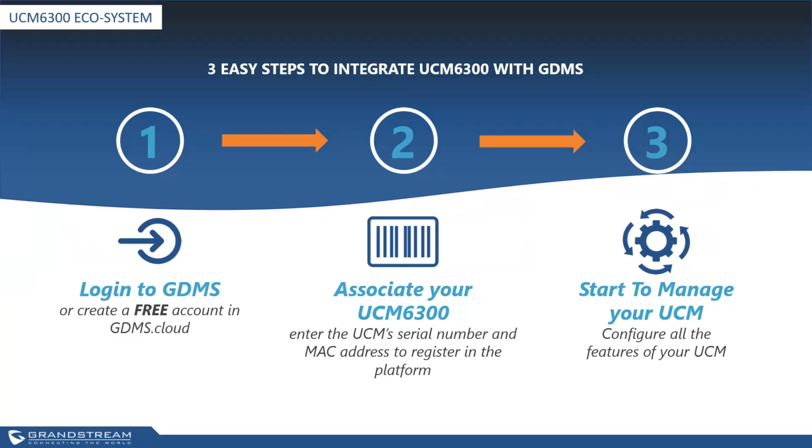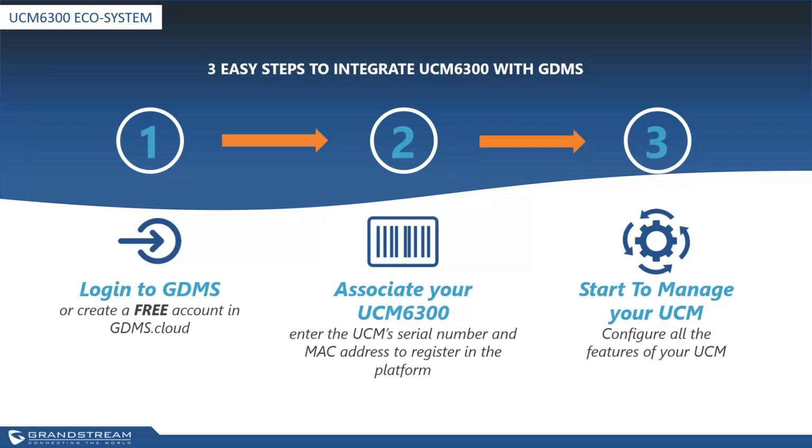Now let me go back here. So the major component of the UCM 6300 ecosystem is RemoteConnect service, which is offered through GDMS. And for those of you who don't know GDMS, GDMS is the Grandstream cloud-based provisioning platform that allows you to provision, manage, monitor, and also troubleshoot Grandstream devices.